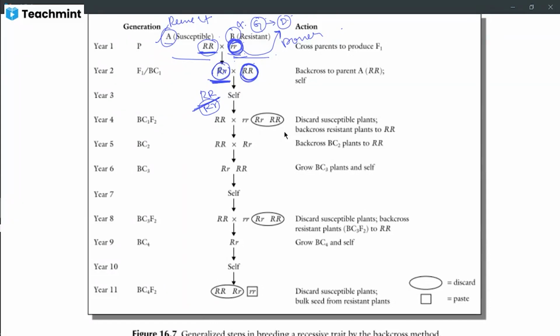See, just after getting your F1, if you cross with this recurrent parent, what will be the condition of the progeny? You told it will be homozygous dominant and heterozygous. So among these two, which will you select?